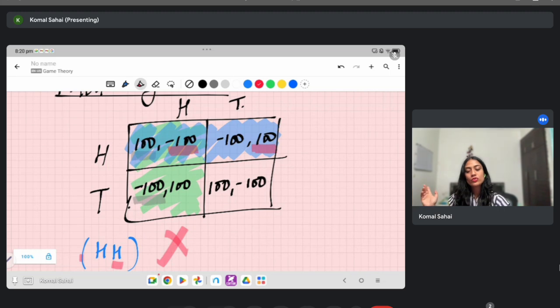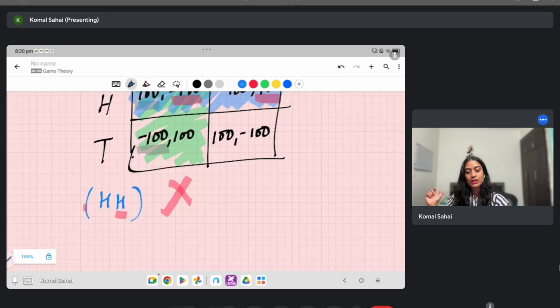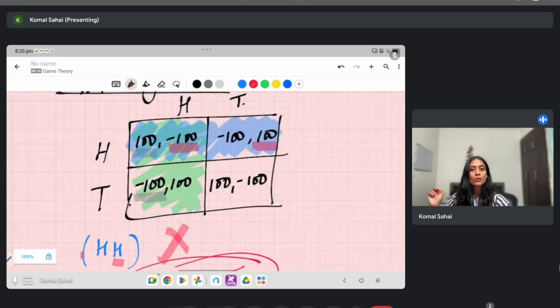And similarly, when you check every combination, you will find that actually there is no Nash equilibrium. Because we know that if the pennies have matched, then Anjali would want to move away from that, money is going out of her pocket. And if the pennies do not match, then Rahul would want to move away, because this is precisely a game in which one player is benefiting at the expense of the other player. So there will be no equilibrium like this.